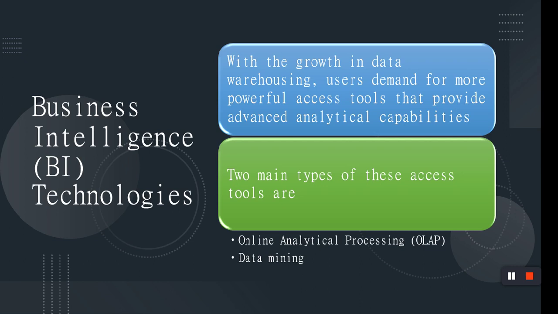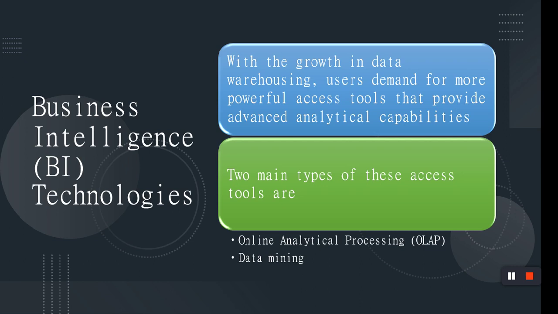So we need to access some of the data that are being stored in the data warehouse. However, if the data warehouse is so huge and in such a way that many or voluminous data are being stored on a daily basis, it would be hard for us to access or retrieve the type of data that we want to retrieve. So that is why we have a demand for more powerful access tools. So that is your hint, okay? Access tools that would provide advanced analytical capabilities.